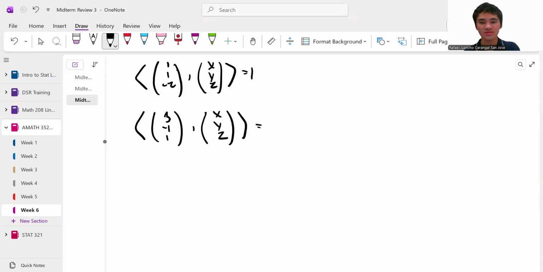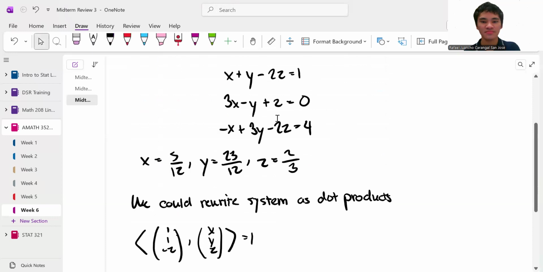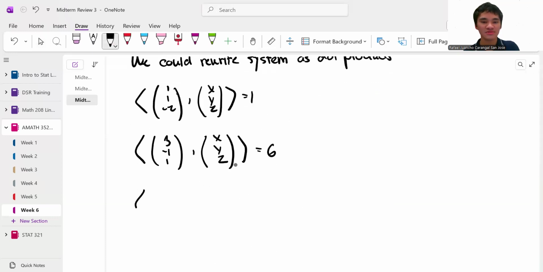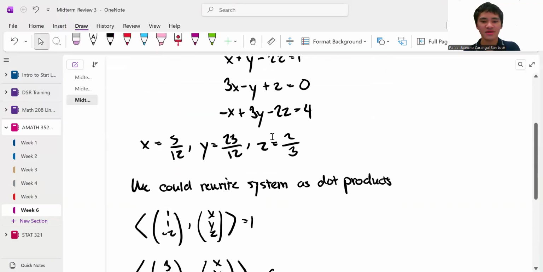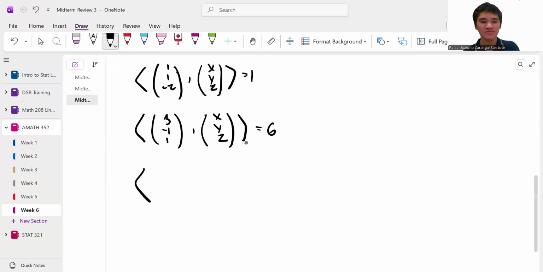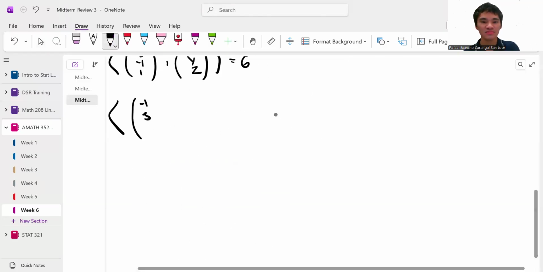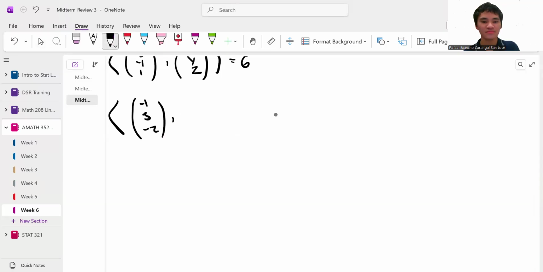This is 6. And then lastly, the last one: negative 1, 3, negative 2. So here I'm just getting the coefficients. And then this is 4.